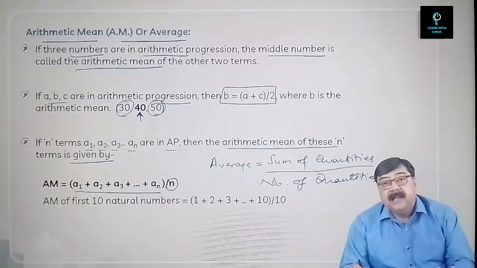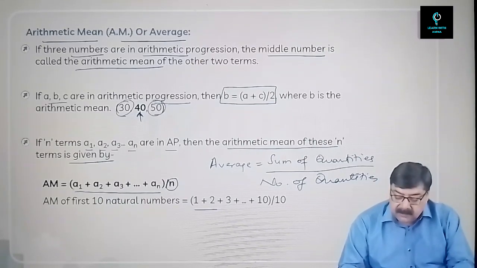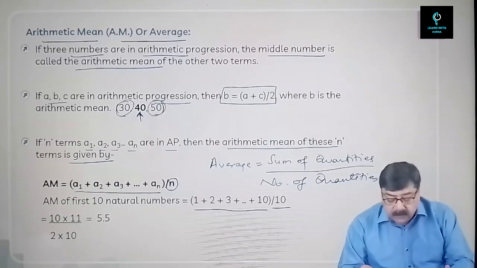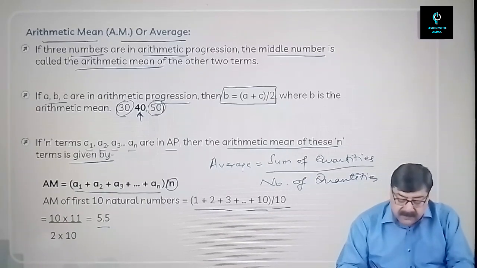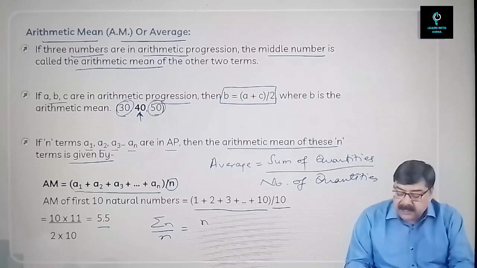Now, what will be the arithmetic mean of the first 10 natural numbers? Well, the sum of these numbers divided by 10. So 10 into 11 by 2 into 10, that is 5.5. Also, this can be taken as sigma n by n. Sigma n we know is n into (n plus 1) by 2, then divided by n.